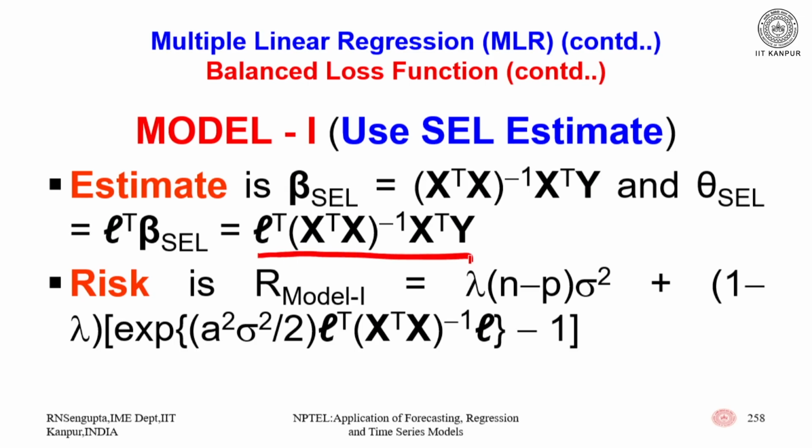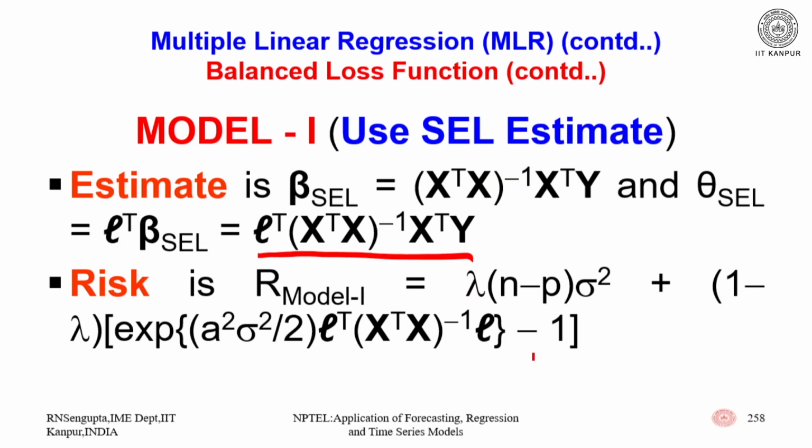So, once I put it, there are a few statistical steps. Again I said it is not required for this course. Once I find out the risk, which is the expected value of the loss, and if you remember I mentioned why the expected value of the loss is to be found: as you keep changing the sample, the beta hat values will change. As the beta hat value changes, obviously the y hat value will also change.